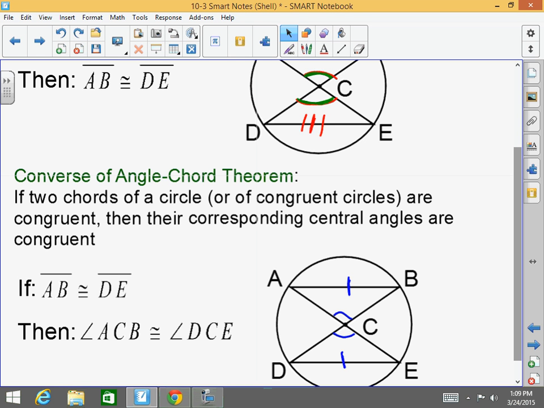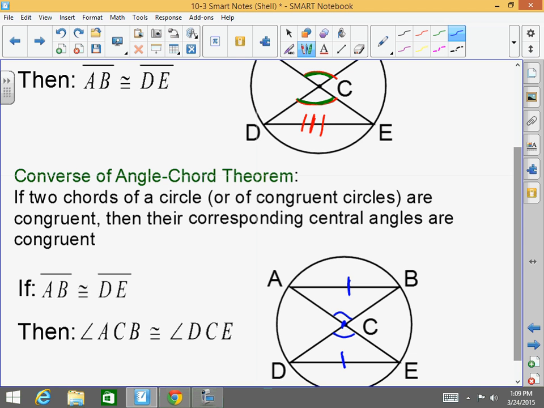Yes, sir. There was a proof where it only had chords, but the simple chords were grouped, and it didn't have this front, but it had the points in the middle. Could you draw the... Very good question. The question was, let's say that they just gave you a circle with segment AB and DE and they said they were congruent, but you had a point C here in the middle.